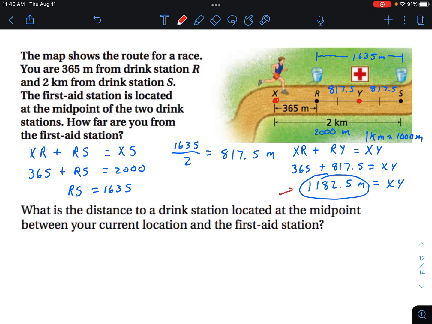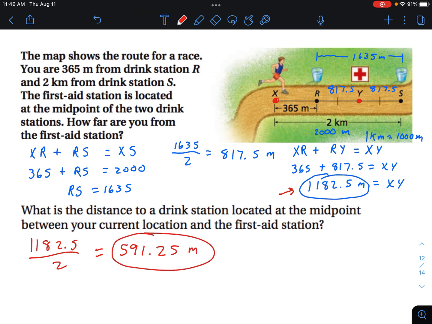Now, we know that the distance to the first aid station is 1,182.5. So if I want to find the midpoint between that, I can take 1,182.5 and divide that by 2. And we would know that that distance is 591.25 meters away. Which means it's going to fall right in here somewhere. That's about where another drink station is located.